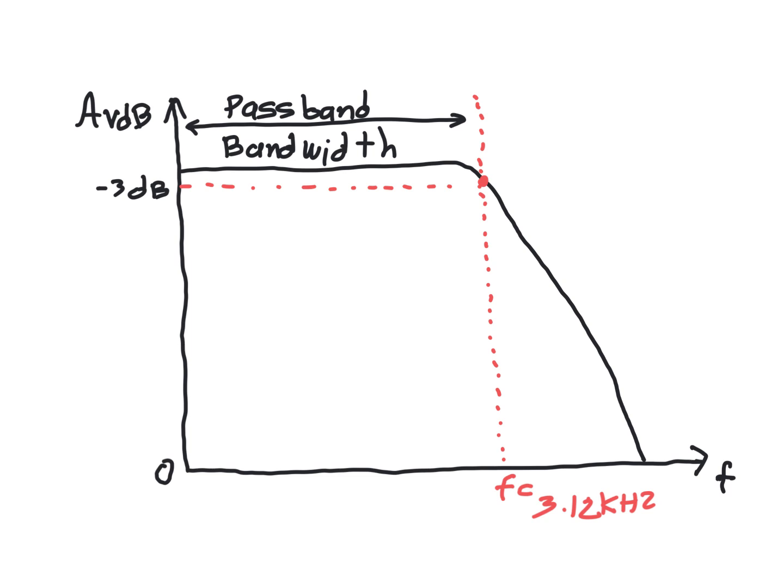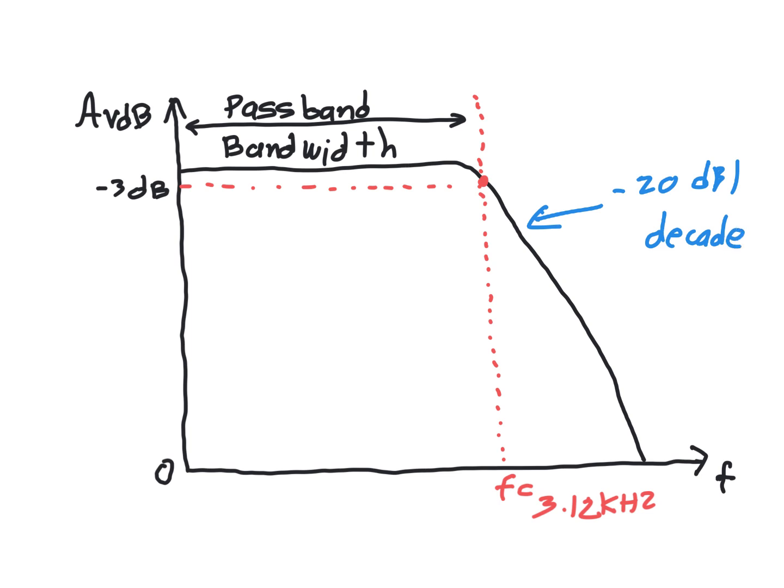Okay, and the pass band, or the bandwidth, is the range of frequencies it will pass. This line here, this is the roll off, and for a single resistor and capacitor in the filter, this is going to roll off at a rate of 20 dB per decade.